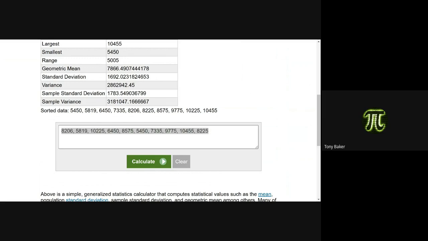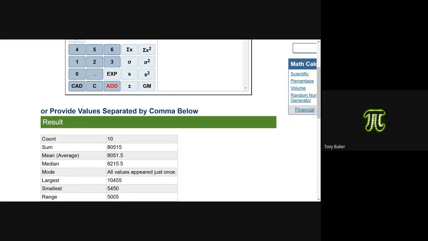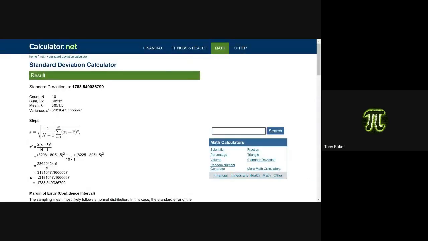Make sure you put a comma between the 10 numbers. It'll only give you the one standard deviation based on what you clicked. It does auto click population, so you have to make sure you don't use the population. Standard deviation. Okay. And your mean should also be there.